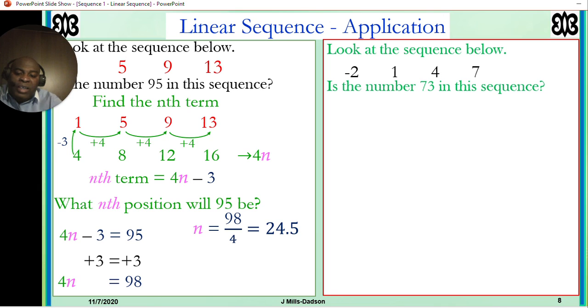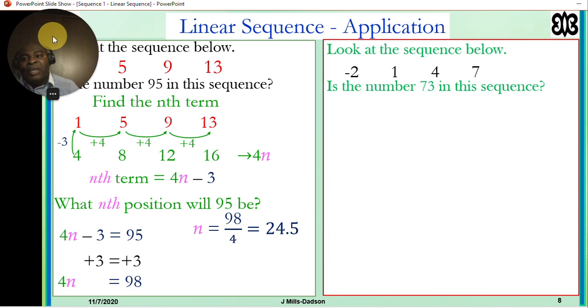We realize that n gives us a decimal, 24.5. And as I said before, n has to be a distinct, discrete number. So that means 95 will not be in the sequence, because it's neither the 24th term nor the 25th term. It's between 24th and 25th, and there's nothing like that.